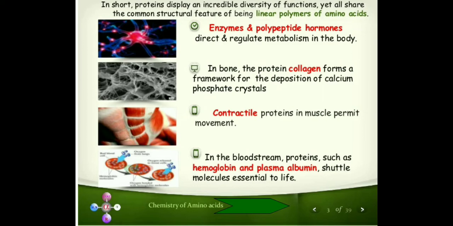In the same way, protein also helps in transportation of different macromolecules as well as micromolecules. For example, hemoglobin contains protein, and it transfers oxygen from one part of the body to the others.